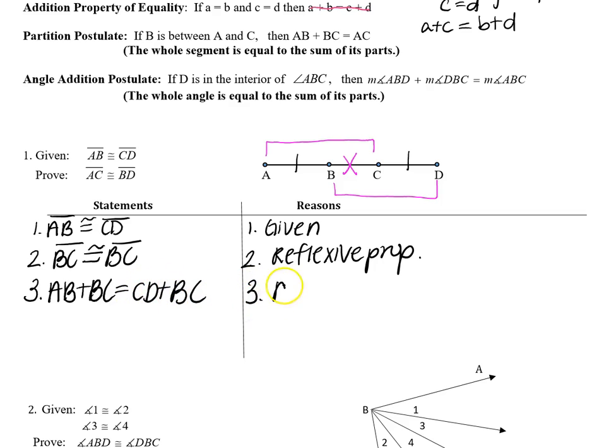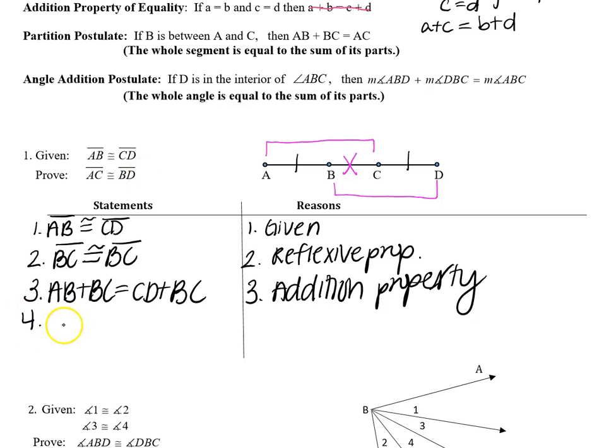And that's our addition property. Okay, so we're almost there. We got a couple more steps to go. I need to show that this equals AC and BD though.